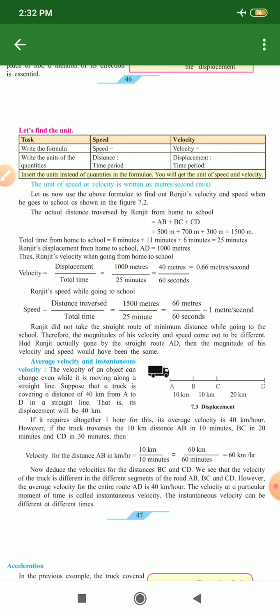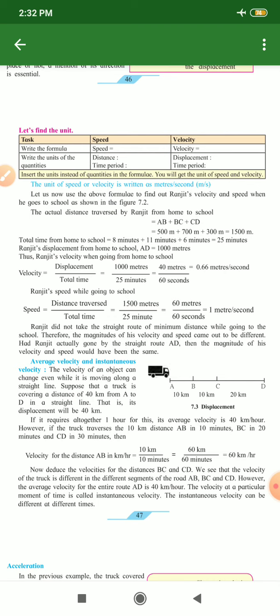That is equal to 500 meters plus 700 meters plus 300 meters is equal to 1500 meters. Total time from home to school is equal to 8 minutes plus 11 minutes plus 6 minutes is equal to 25 minutes. Ranjit's displacement from home to school AD is equal to 1000 meters.